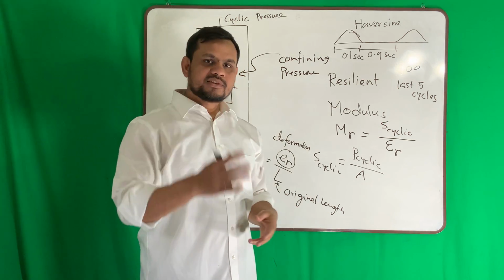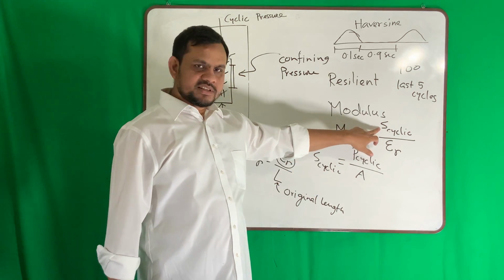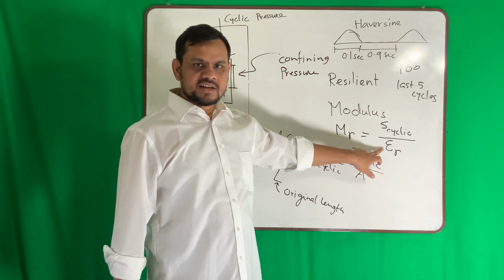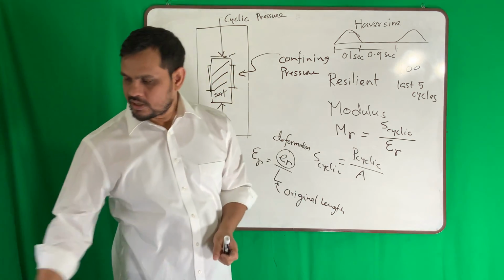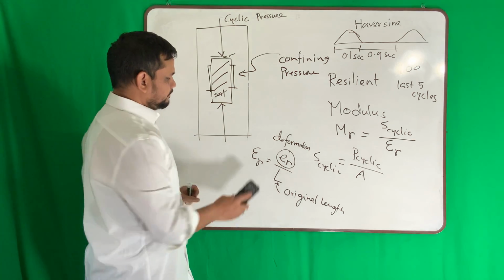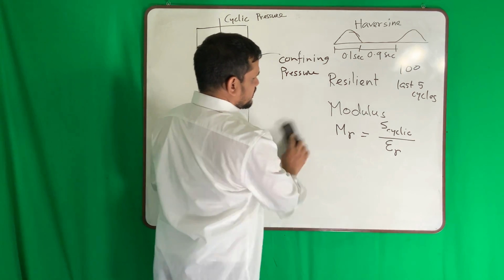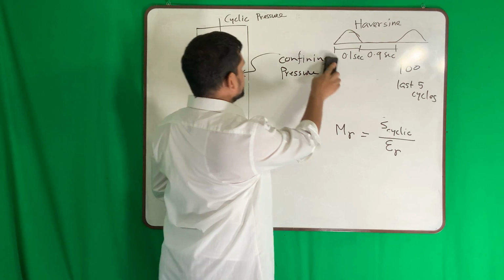In the last 5 cycles we take the average stress and the average recoverable strain, and the ratio is the resilient modulus.